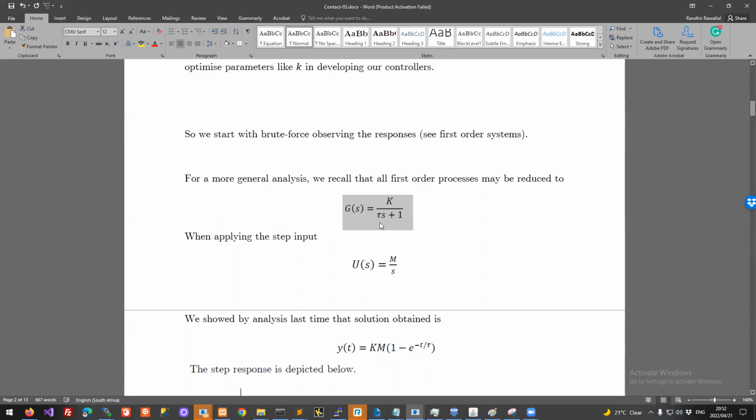Remember, in last week's example, we had t divided by tau in all the solutions. So if you don't recall all that, then please stop watching this video, go back to the 2022 Contact 2 video and watch that. Make sure you are fully on top of that before watching this video.